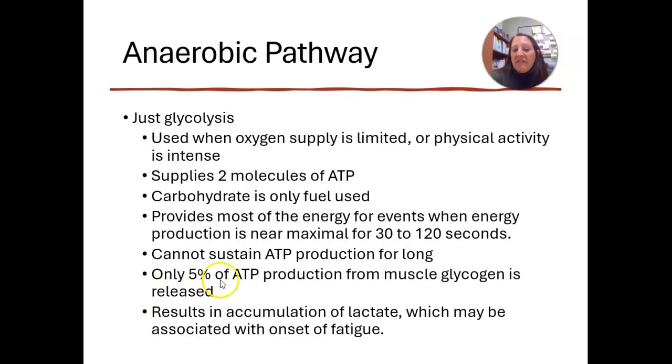On average, only 5% of the ATP produced in your muscles from muscle glycogen is going to be released this way. So anaerobic is not the preferred mode. It does result in the accumulation of lactate, which is a byproduct of anaerobic glycolysis.